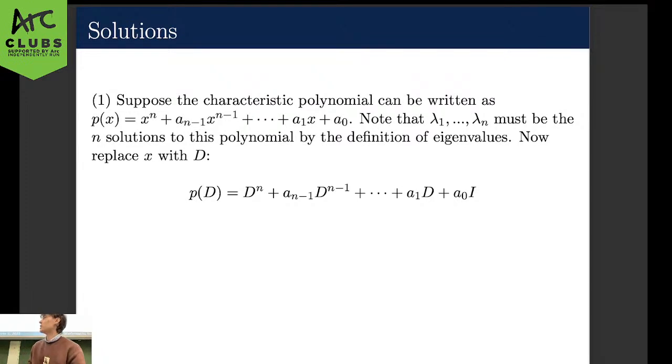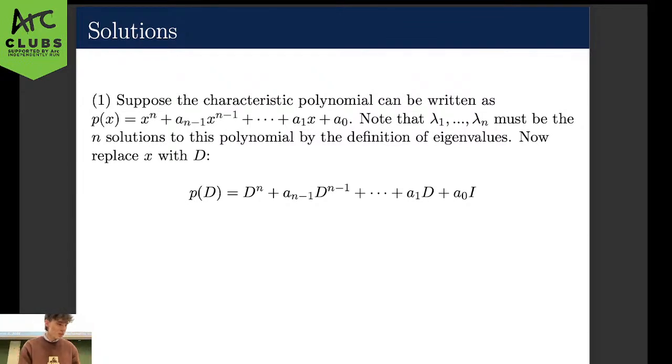The first thing to note is that every matrix in this polynomial is a diagonal matrix, because D is a diagonal matrix, taking the power of a diagonal matrix gives us another diagonal matrix, and multiplying by a scalar wouldn't change that. Now we have to consider the diagonal entries of this entire expression, and we want to prove that each entry is equal to 0.